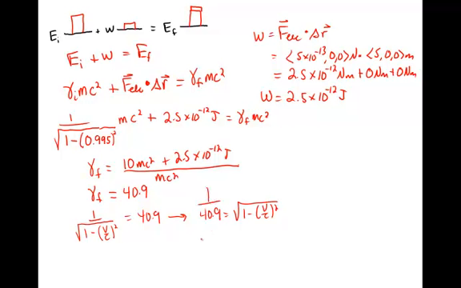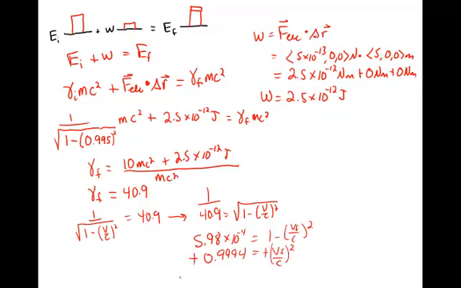So squaring both sides will give me 5.98 times 10 to the minus 4 equals 1 minus v final over c squared. Subtracting 1 from both sides, I get negative 0.9994 is equal to negative v final over c squared.